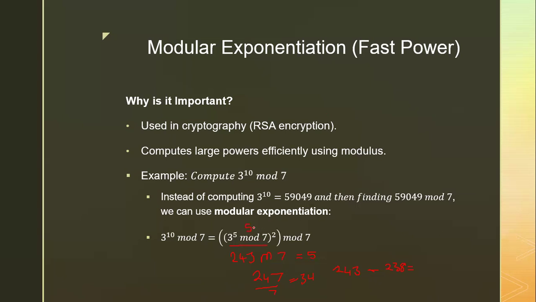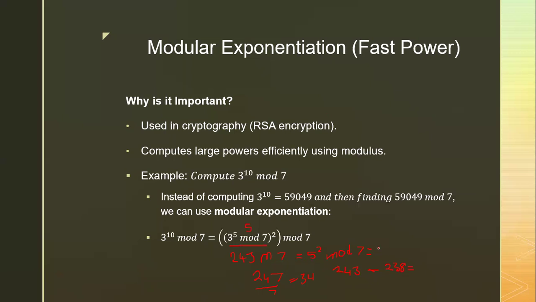Okay, so now remember this guy is wrapped within these parentheses. So we'll just say 5 squared mod 7. And 5 squared is basically 25. Right? So 25 divided by 7 is 3, or basically 25 minus 21 is 4.